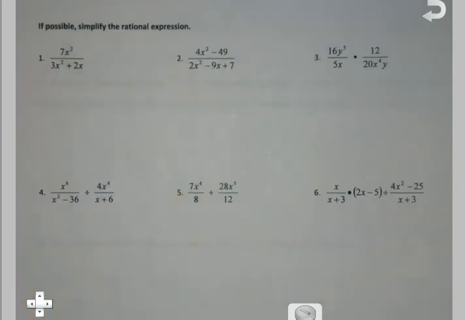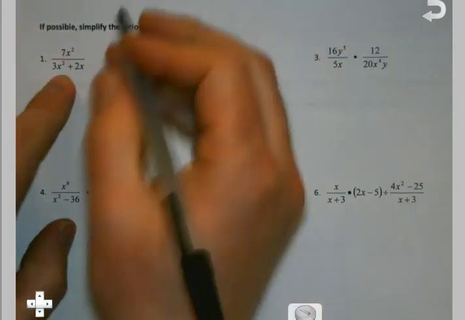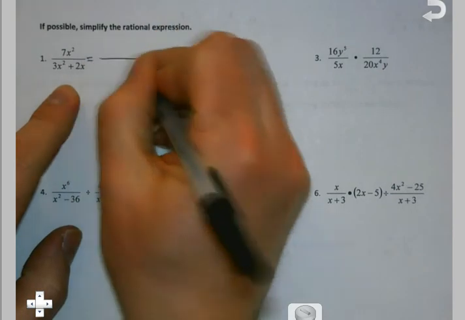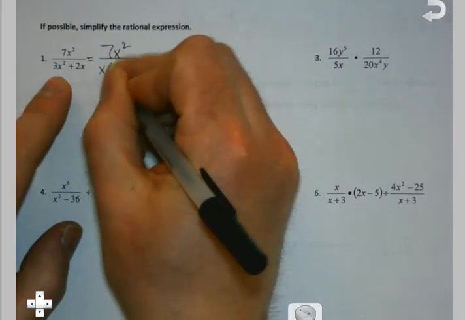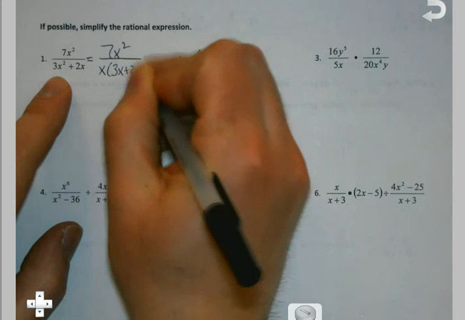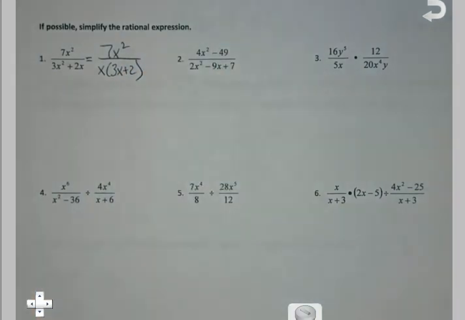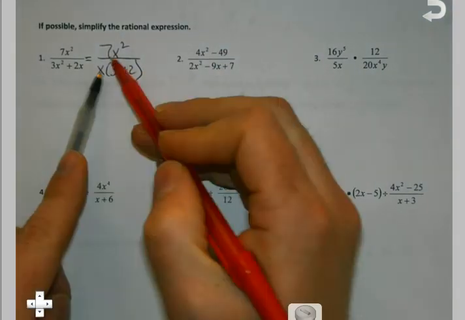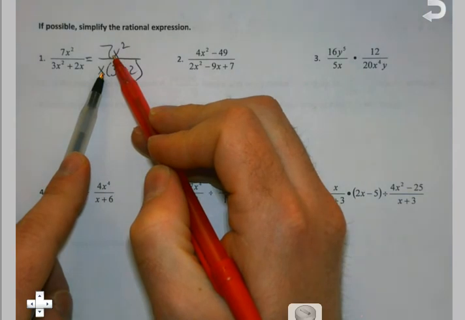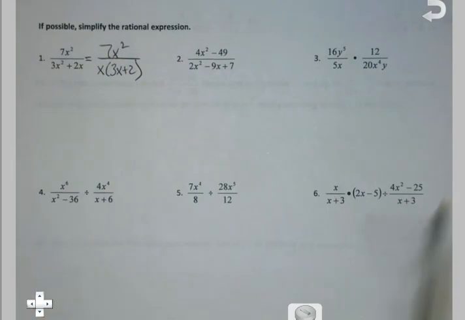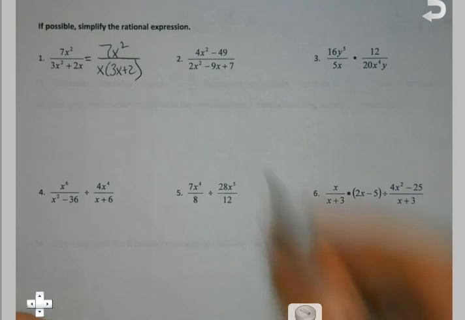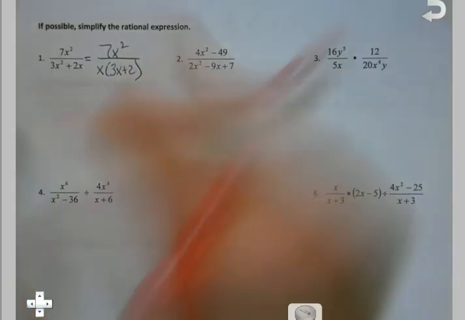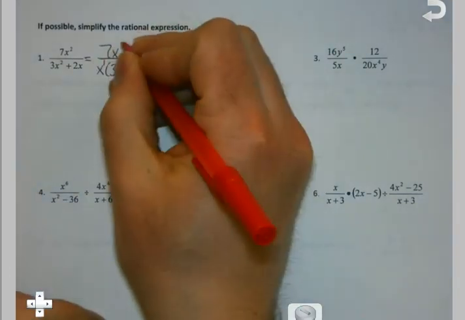Okay, if possible, simplify. We're always looking for something that we have in common somewhere or something we could factor. These both have an x. And then again, once there's no parentheses left in a portion, the bond is weak. I can't even see it with a multiplication bond. So I can use my rules for dividing with exponents and say 2 minus 1 is 1.